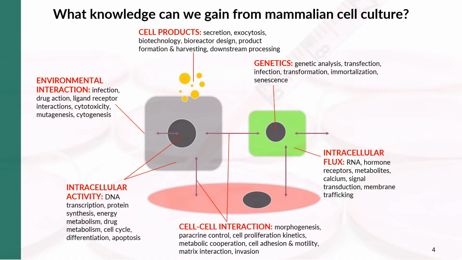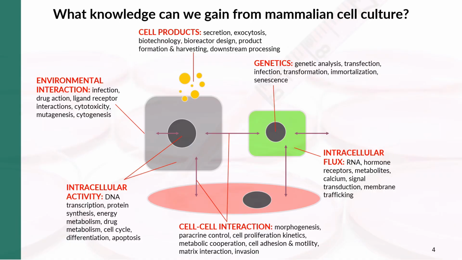The various biochemical and physiological processes that are taking place inside the cells. These activities are very essential because they help to maintain cellular homeostasis, help the cells to perform their functions, and also guide the cells in how to respond to different environmental cues. So you can actually study this in mammalian cell cultures, right?